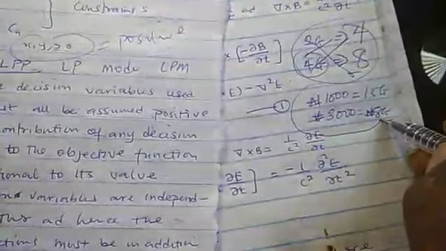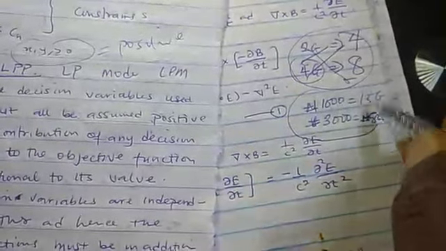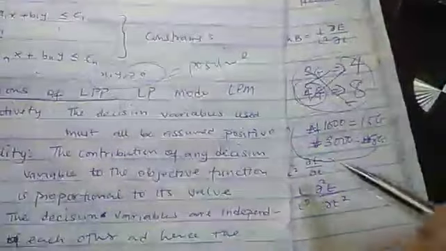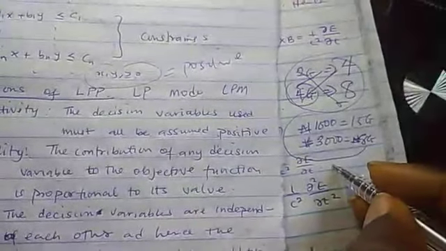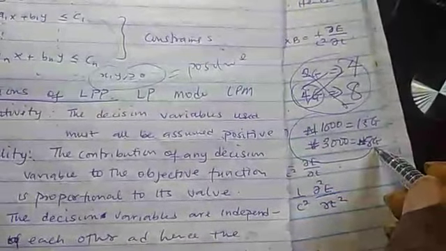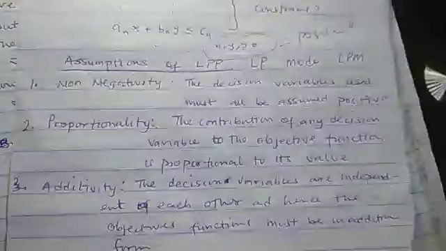We have to know that this one is proportional to this. So we cannot just say this is how they sell 1.5 gig and this is how they sell 3.8 gig. They have to be proportional to each other.